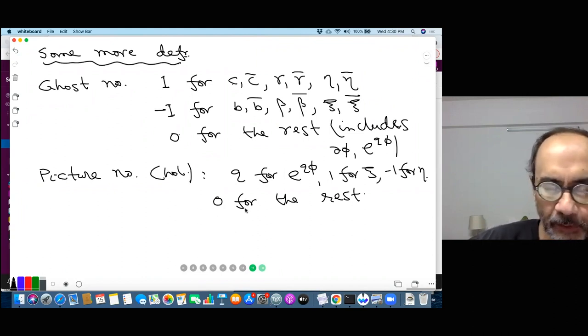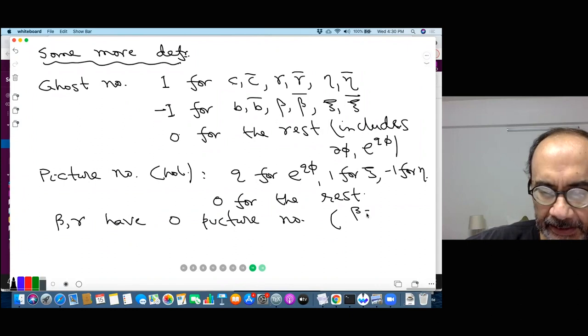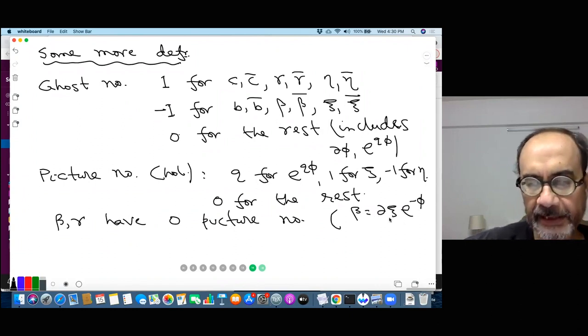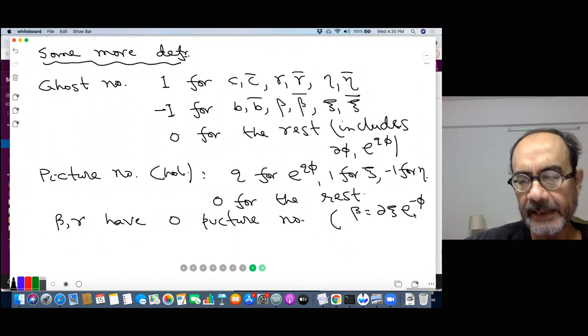So, in particular, beta and gamma have 0 picture number. Because beta is del xi e to the -phi, right? So del xi has picture number, sorry, del xi. Yeah, del xi e to the -phi.